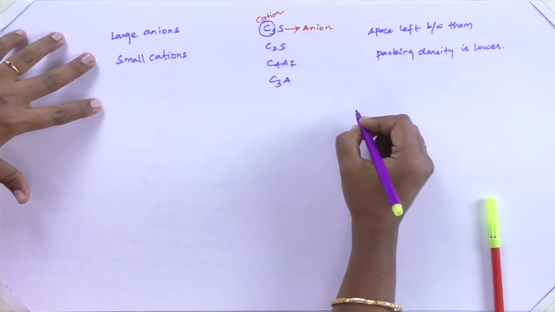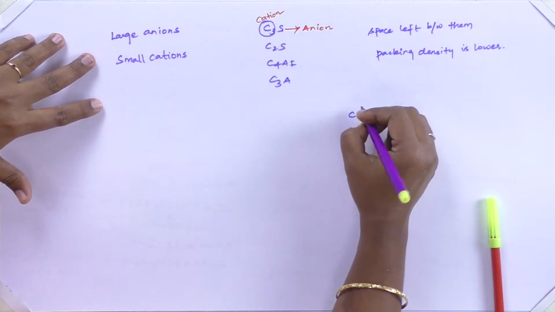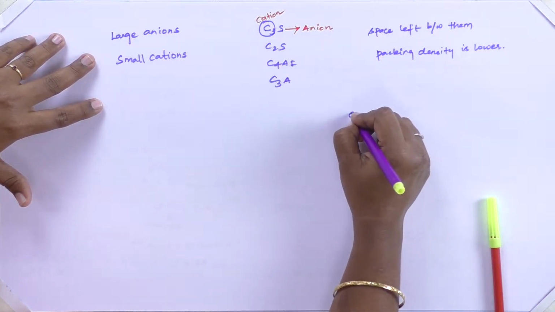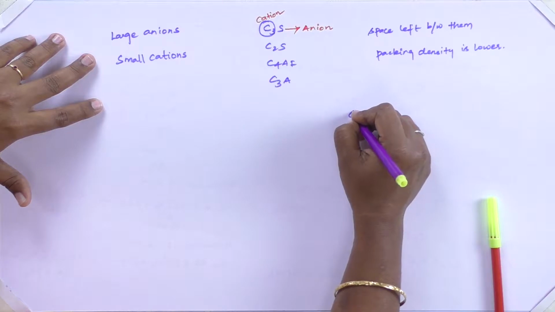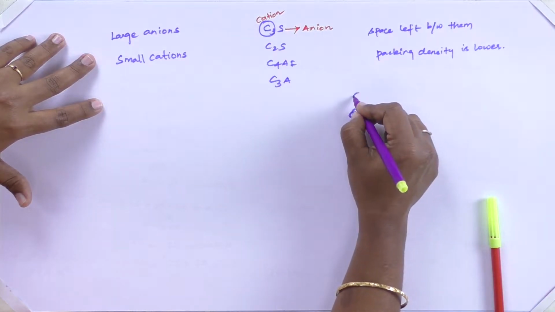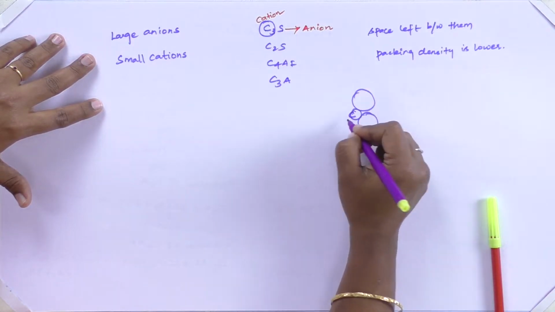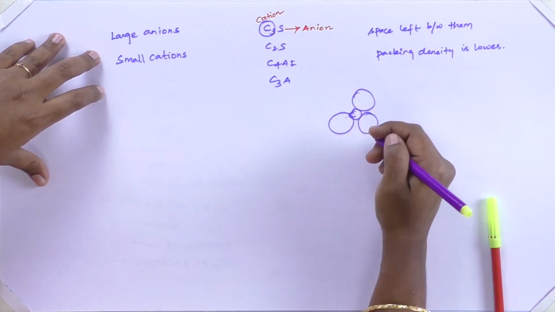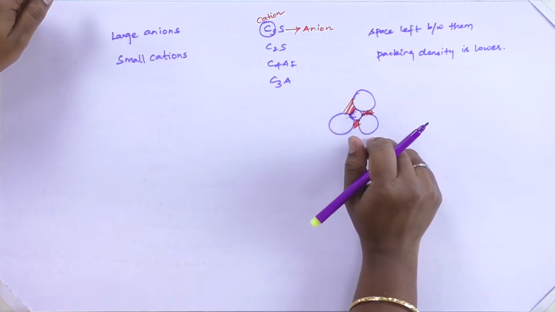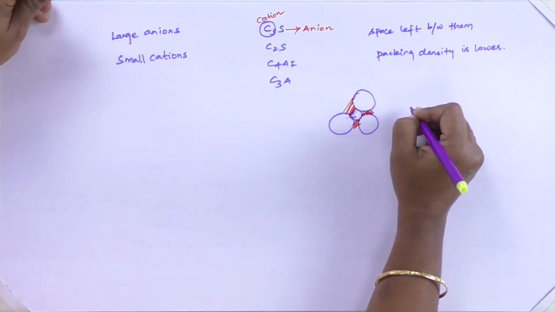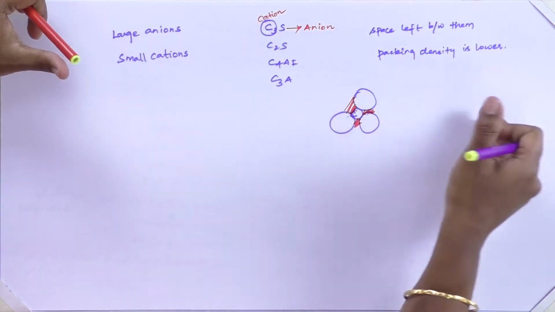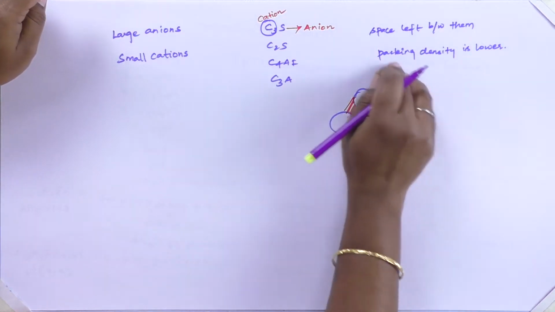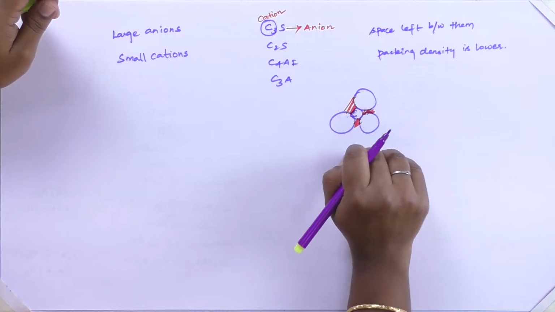Let us assume this is the cation and these are the anions. To fill up these spaces and to get the packing density, it readily reacts with water, and that's how it achieves its crystallization.